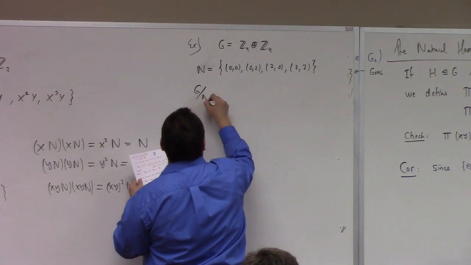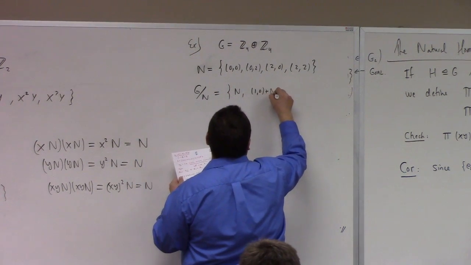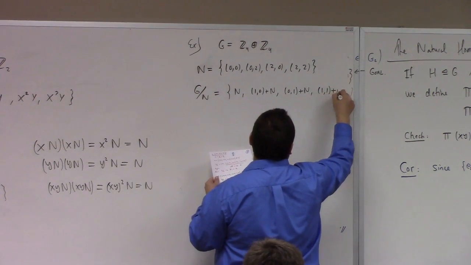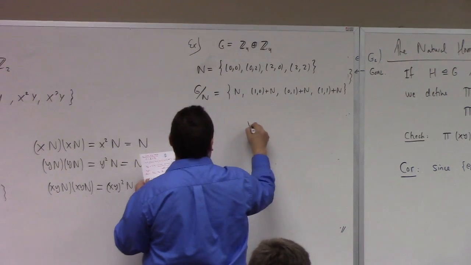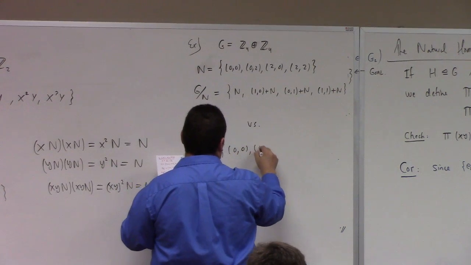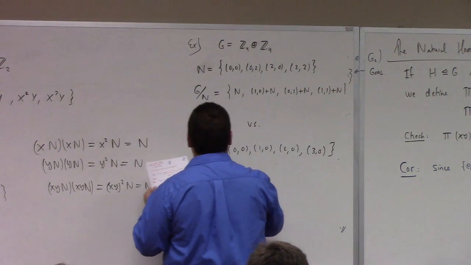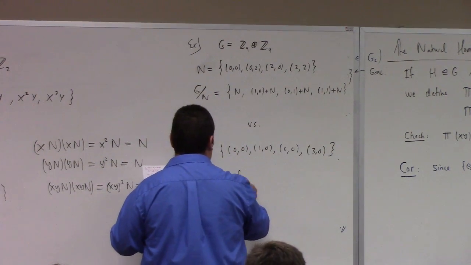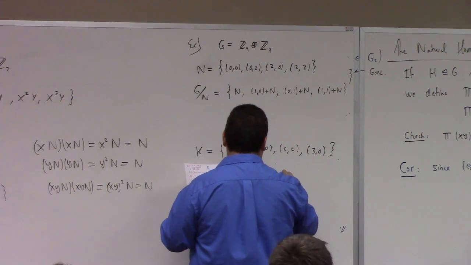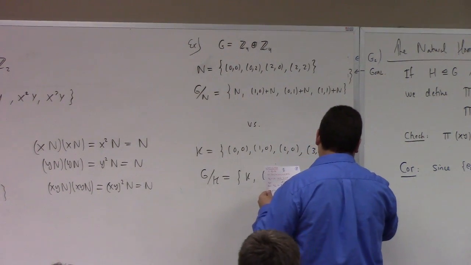And then G mod N is N, (1,0) plus N, (0,1) plus N, (1,1) plus N, right? Versus, say, K, (0,0), (1,0), (2,0), (3,0), and you get G mod K equal to K, (0,1) plus K, (0,2) plus K, (0,3) plus K.